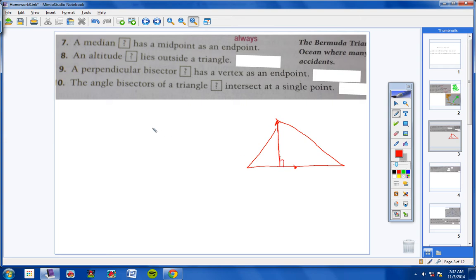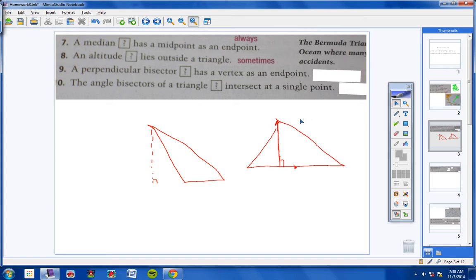If I have a triangle that looks like this, then the altitude here would have to come down like this and be outside the triangle. So sometimes an altitude lies outside of a triangle. Okay, sometimes.